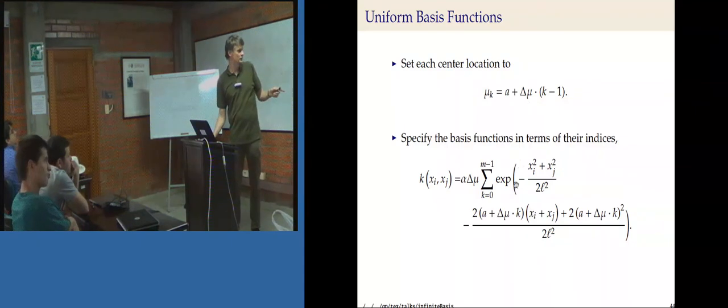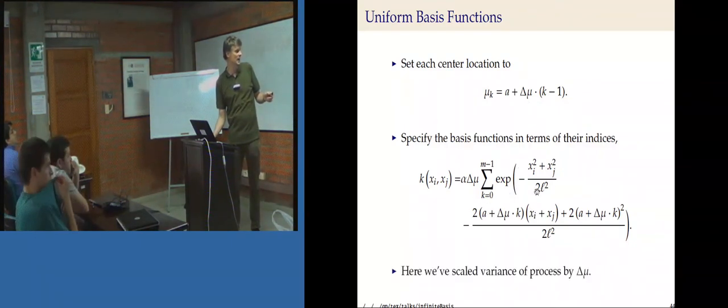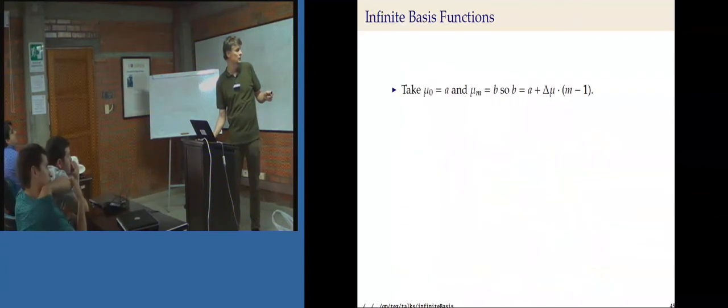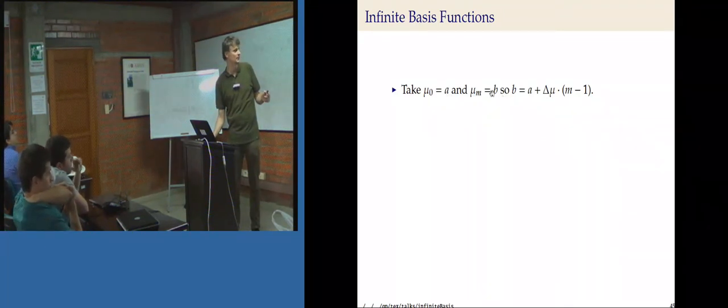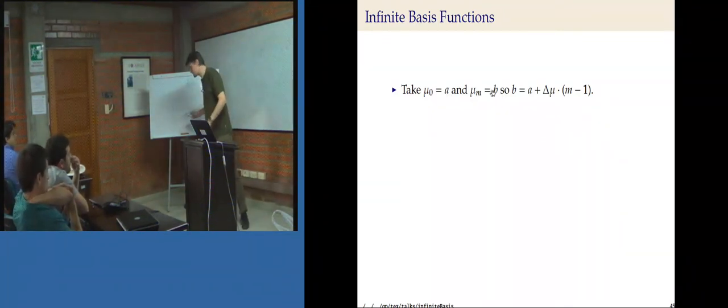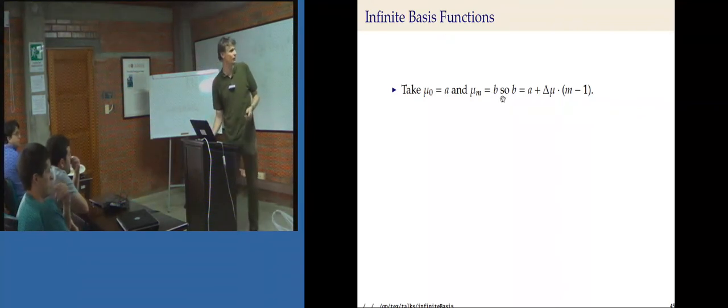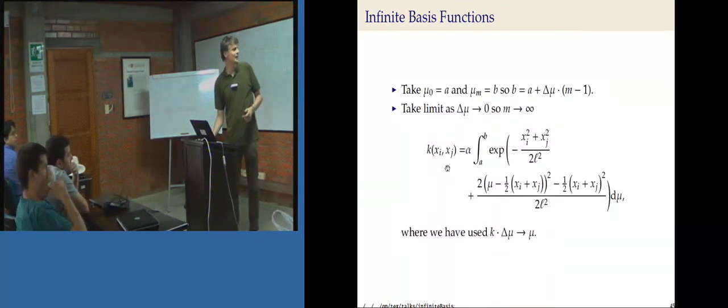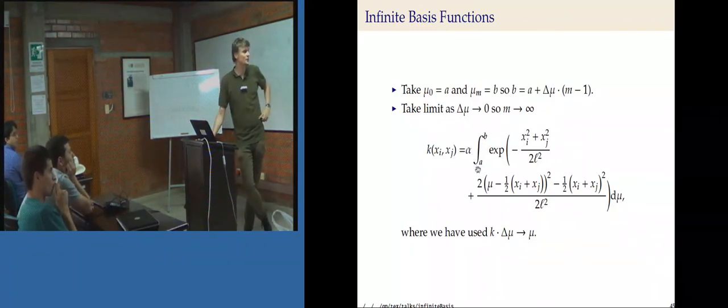So substituting those things in, we go from this thing here, which is a sum, and also setting mu naught to be a and mu m to be b, so that we're effectively getting these things back in limits of the integral. We can take the limit so that sum is replaced by an integral. So this integral is between a and b, and it's over mu.